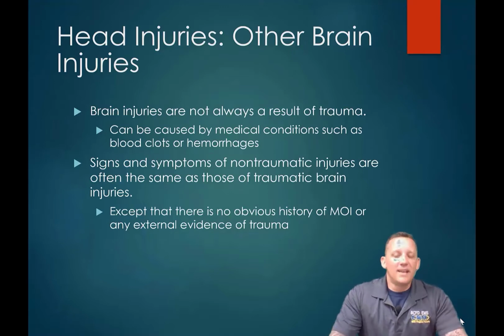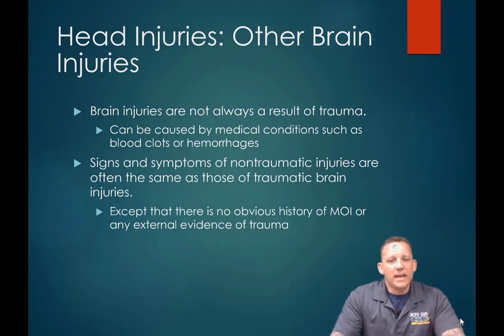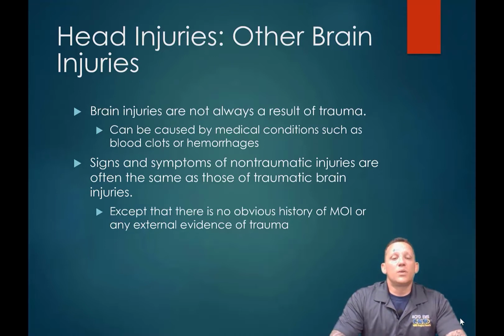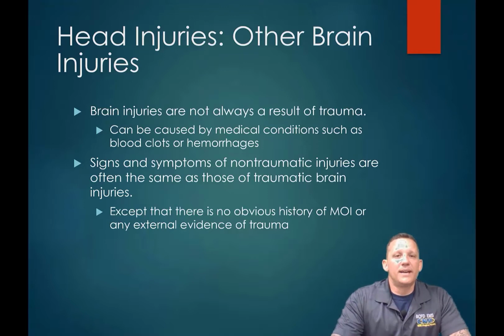If you guys remember my favorite mnemonic, AEIOU TIPS, you can get through most of these and try to figure out what's happening with anybody with altered mentation. And if you come up with no reasonable explanation, this is where we start diving into those darker corners, looking at TBIs.